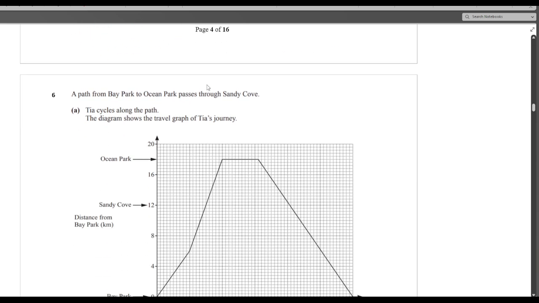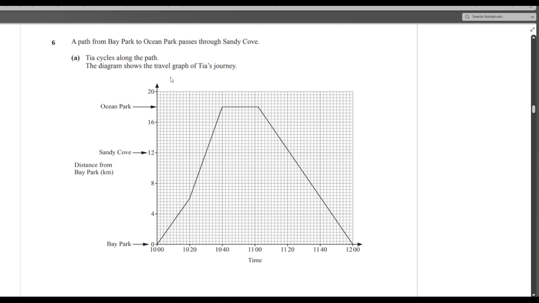Now sixth question. A path from the Bay Park to Ocean Park passes through Sandy Cove. Tia cycles along the path. The diagram shows the travel graph of Tia's journey. So along the y-axis we can see distance given, and along the x-axis we see time. So she started from Bay Park, then she cycles to Ocean Park. She rests for some time, again cycles and goes back to her original position, which is Bay Park.